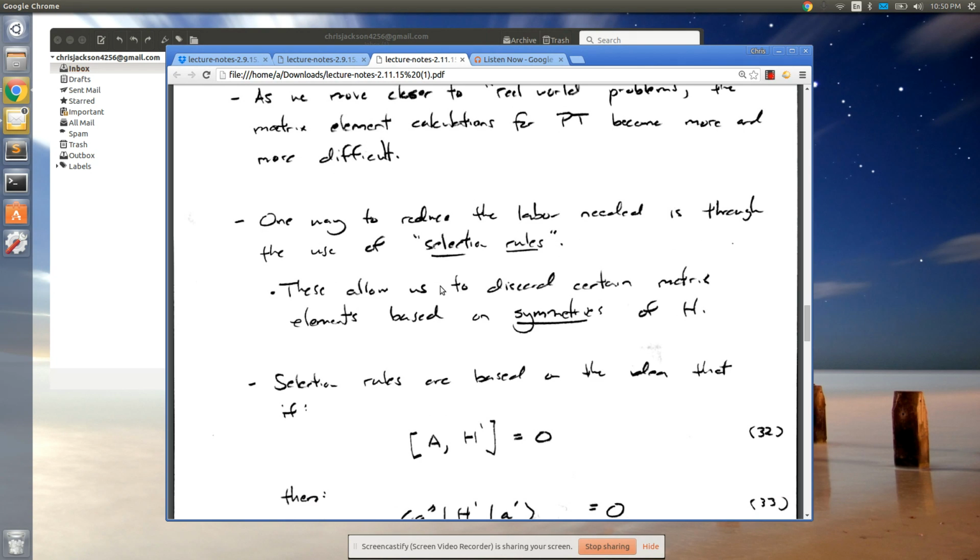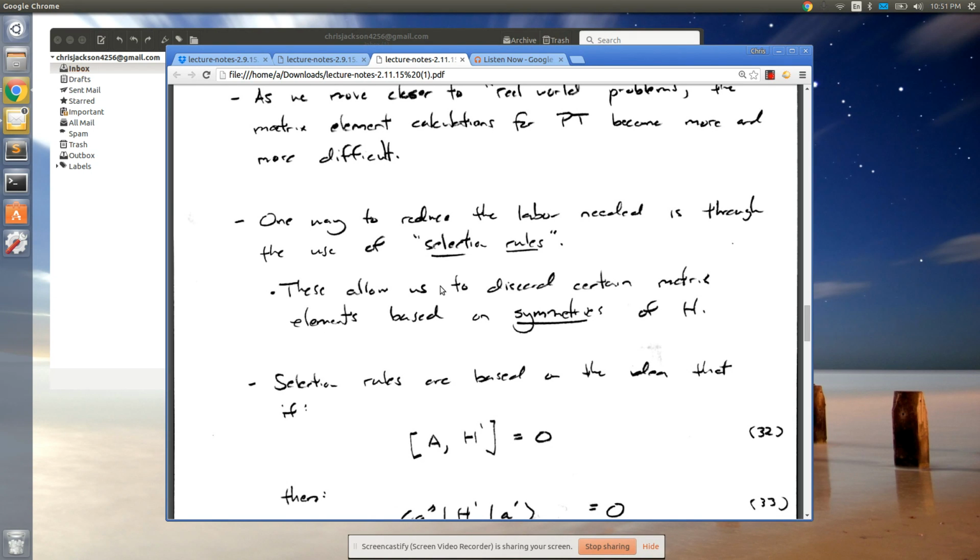Okay, so one of the ways that we reduce a lot of the labor when we're computing these things in perturbation theory is through the use of so-called selection rules. These selection rules basically tell us what types of transitions can take place, whether they be physical transitions from one positional state to another, or selection rules as far as energy eigenstates, right?